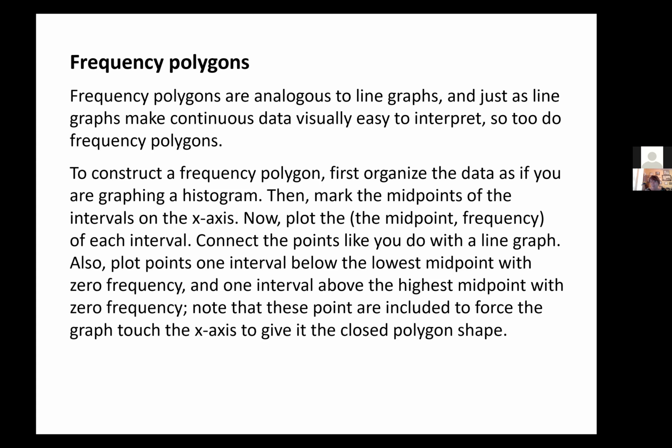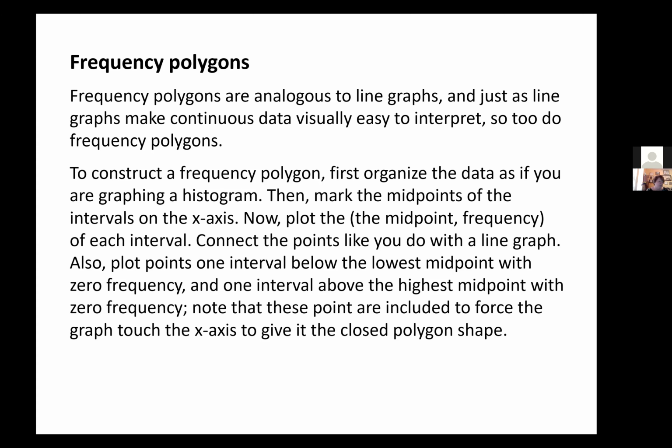That gives you the midpoint of each class. Now you plot the midpoint and the frequency as an ordered pair on your graph. The first coordinate is your midpoint, the second coordinate is the frequency of that class. Then you connect the dots.